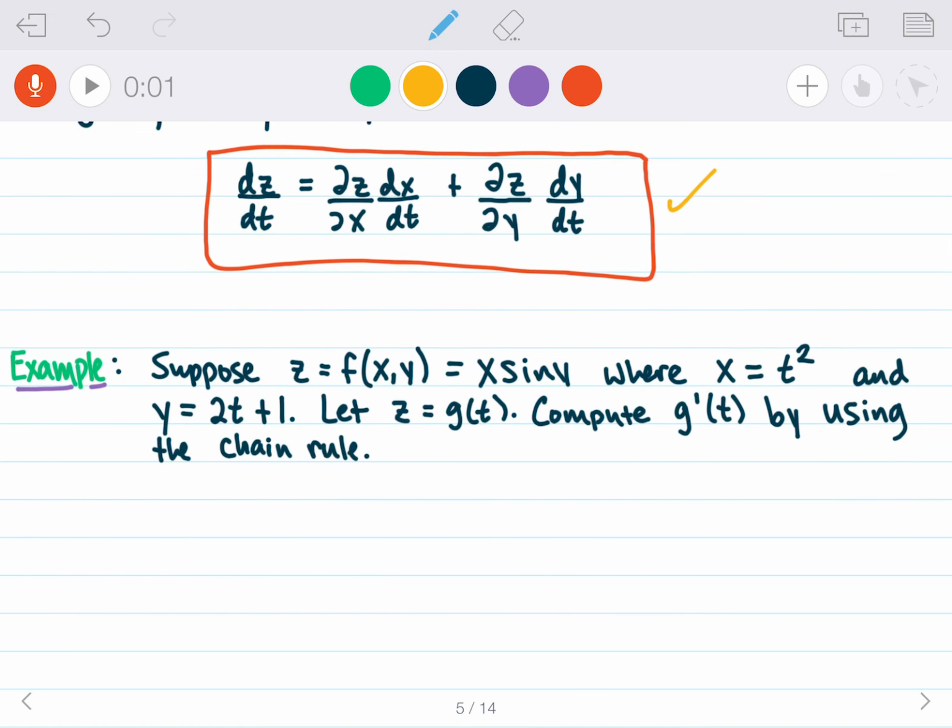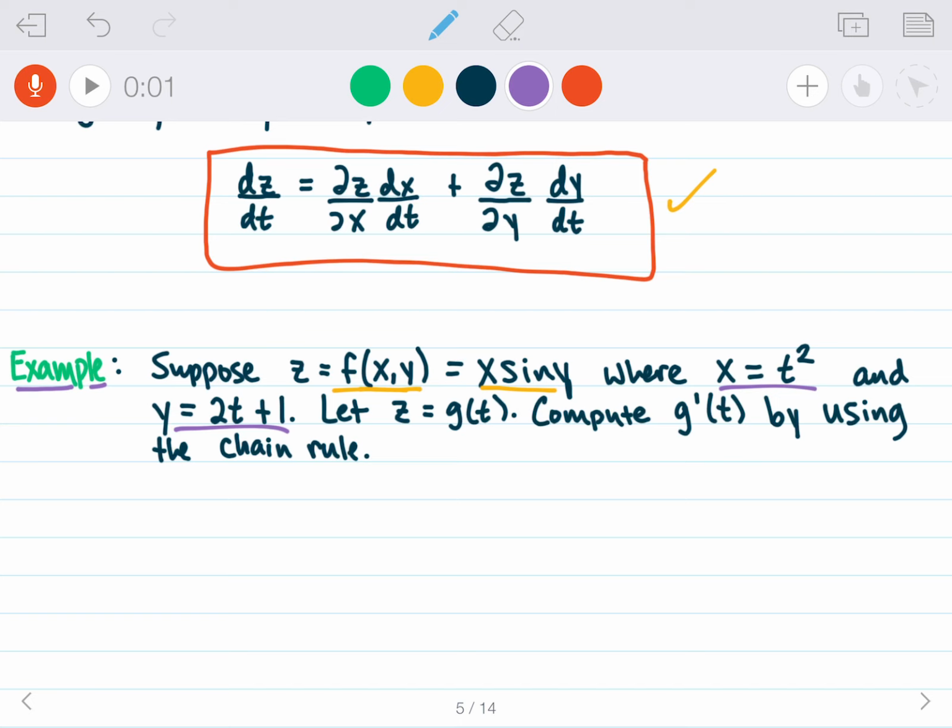Suppose we have a function z with independent variables x and y, and it's defined to be x sine of y. Let me write that little y tail longer. We have x equal to t squared, so x depends on t, and y also depends on t. y is equal to 2t plus 1.